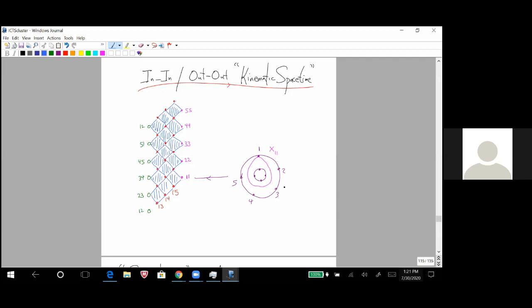So I would say start with, let's say, x13. So there's x13 here. Then I'd have x14. There's x14. I'd have x15. There's x15. And then again, I'm doing the same thing always, right? I'm starting with one variable and just acting with the action of the cyclic symmetry on the other one. So then I come back to x11, okay?